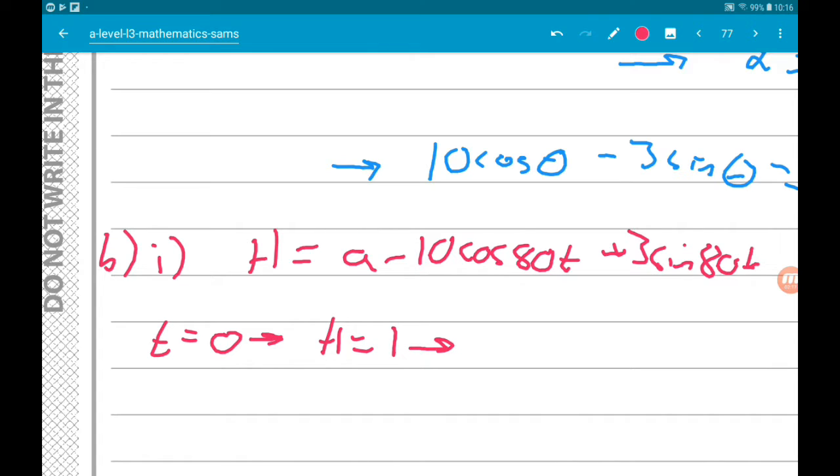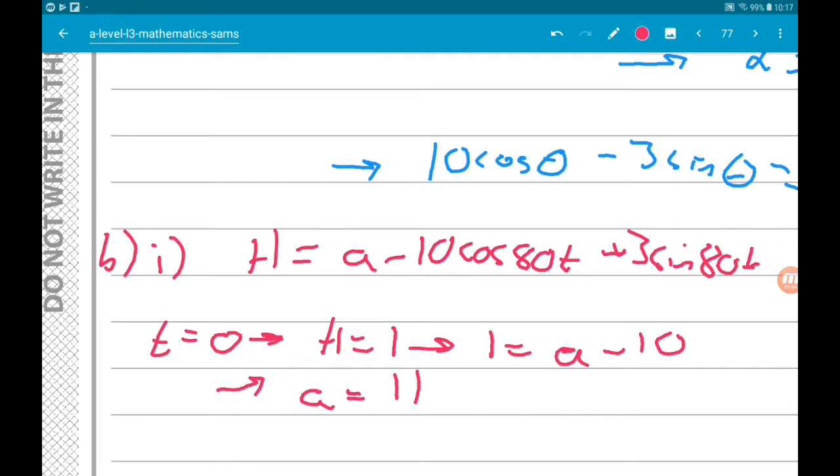So we get 1 is equal to a minus, now then cos of 0 is 1, so that's going to be minus 10. Sine of 0 is 0, so that disappears. If we then add the 10, we get that a is equal to 11.